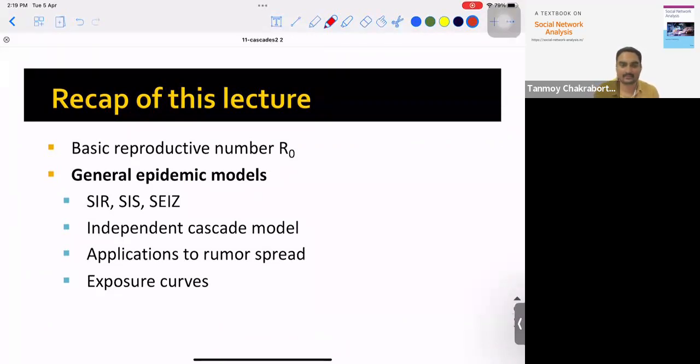And we have seen probabilistic models like the independent cascade model, and we saw how independent cascade models can be simplified, where from edge probability you can assign probabilities to every node, and then you can draw something called an exposure curve, and the exposure curve will basically characterize the spread of different types of information. Okay, with this I would like to stop here and conclude this chapter. Thanks.